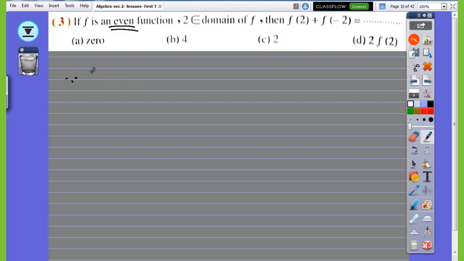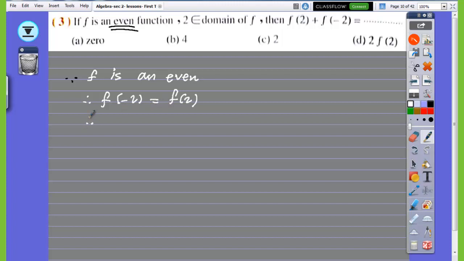Since f is even function, so f of negative 2 equals f of 2 according to the definition we studied in the previous lessons. Okay, so f of negative 2 equals f of 2 because it is even.